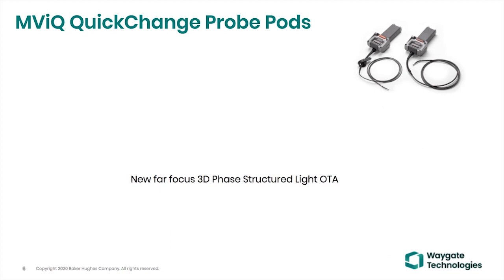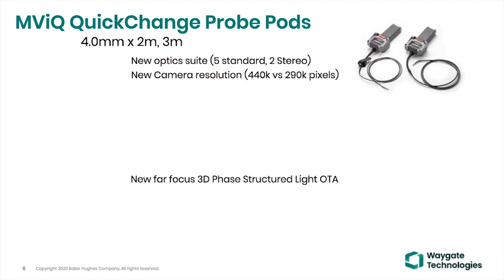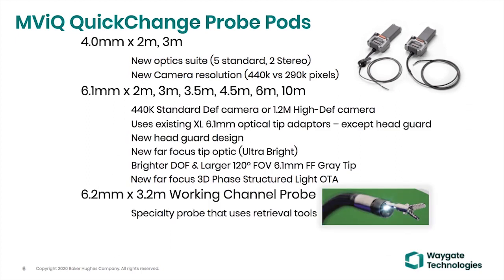When you're looking at the Mentor Visual and you're looking at doing your job, there are a number of probe lengths and diameters that are available, and some of those tools actually allow you to put working tools to retrieve FOD or to hook onto a turbine blade, pull the scope around the internal part of the engine so that you can do a full circumferential inspection.